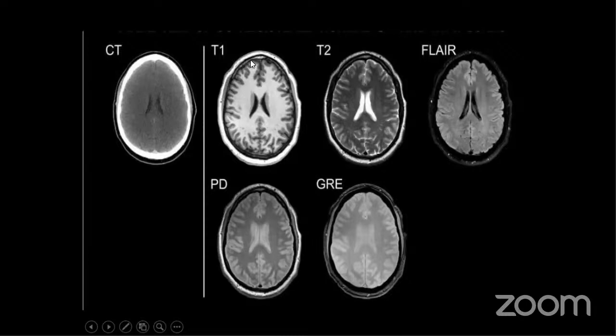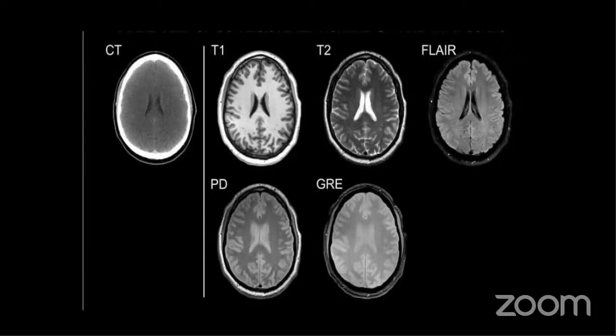Whereas in FLAIR, gray matter is brighter and white matter is darker. You have to see those differences, because if you just see CSF, you will get confused between T1 and FLAIR.